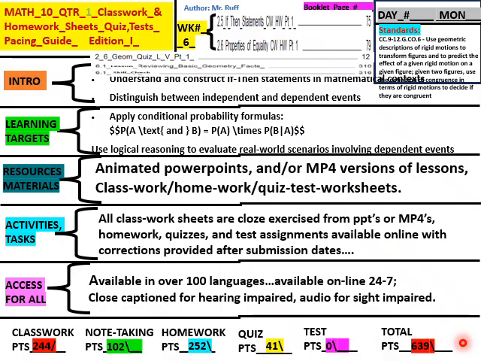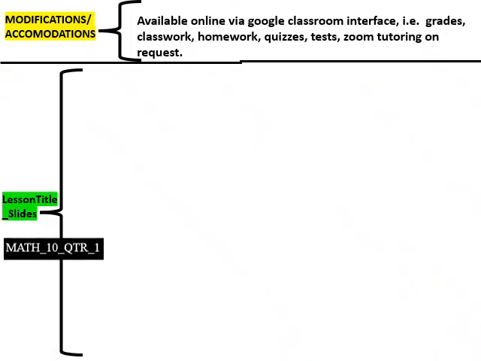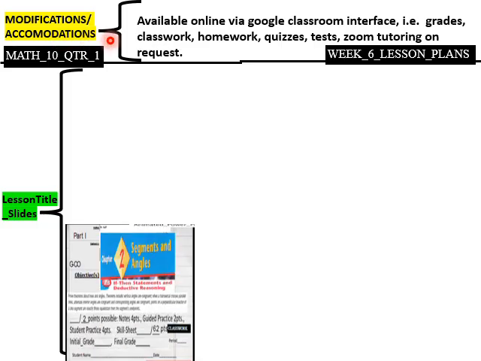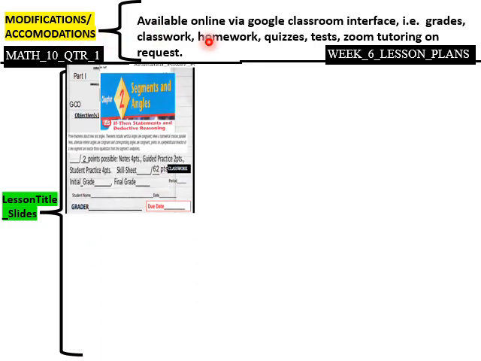This comes out to 639 points. Then we go in here to our modifications, accommodations. Available online via Google Classroom interface. That is grades, classwork, homework, quizzes, tests, Zoom tutoring on request.